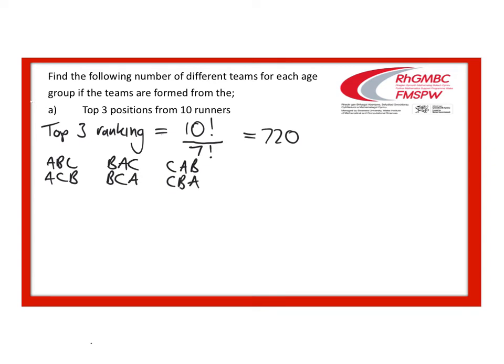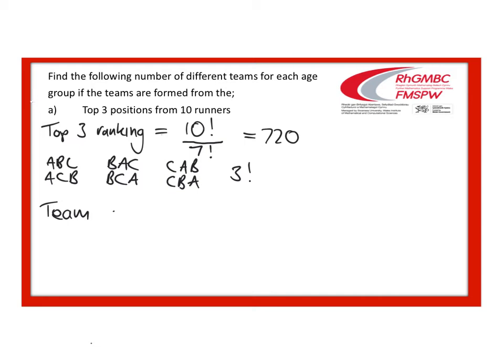In fact, every set of 3 runners could be organised in 6 different ways, because we know with groups of 3, that's 3 factorial ways that I could organise them. So actually, for our team that we want to pick, we don't care whether Alice, Bethan or Claire comes first, second, third. We're just interested in that group of 3.